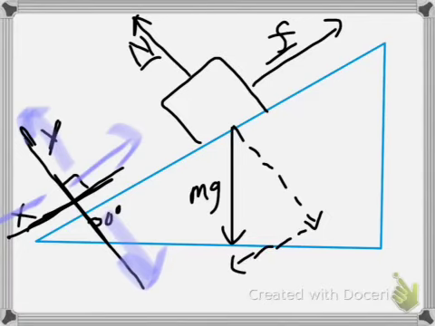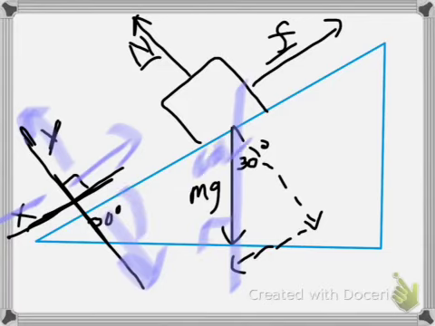Now, when we triangulate it, our angle is going to be right here. So that's going to be our 30 degrees. The reason that that's 30 degrees is because if you notice that my gravity goes down right here, this is 30 degrees, this is a right angle, so that makes that 60 degrees.